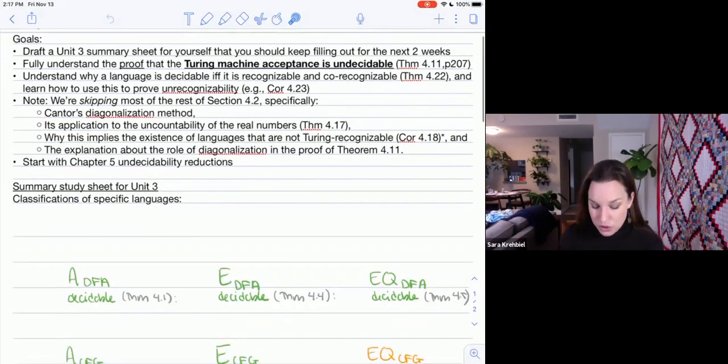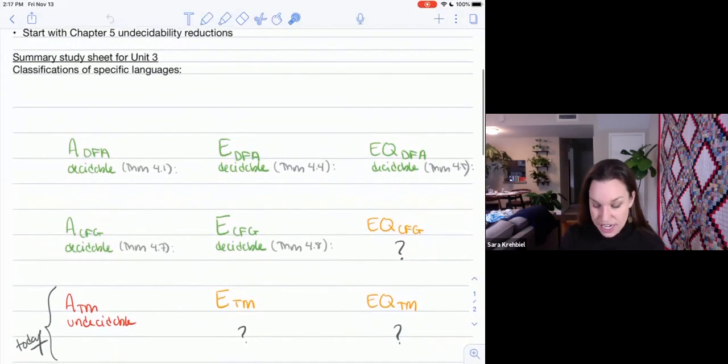Okay, so we have basically these 9 languages that are going to be the focus of our classification goals for Unit 3. We've talked about acceptance languages, where I say, given a machine of a particular type and a particular input, does that machine accept that input?